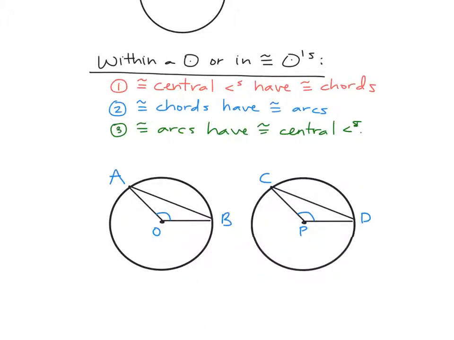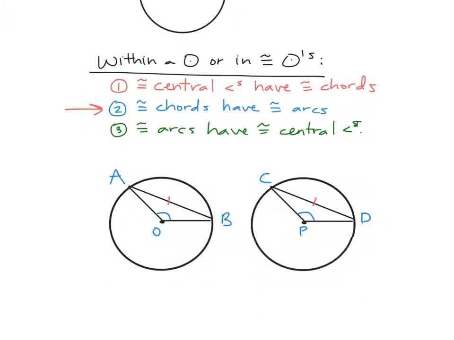So what our theorem says is if those two angles are the same, then the chords are the same. So if I know that those two angles are congruent, I also know that AB is congruent to CD. That second one says if the chords are congruent, then the arcs are also congruent.